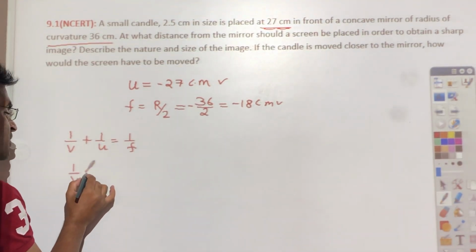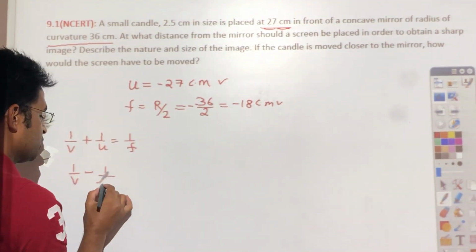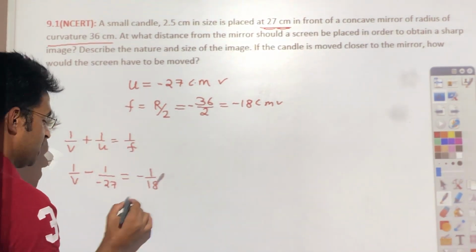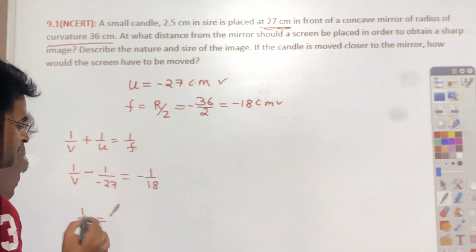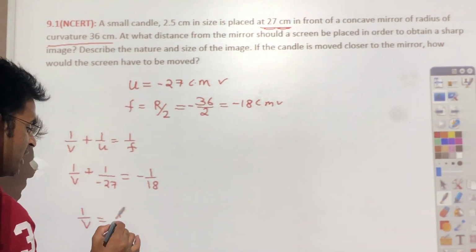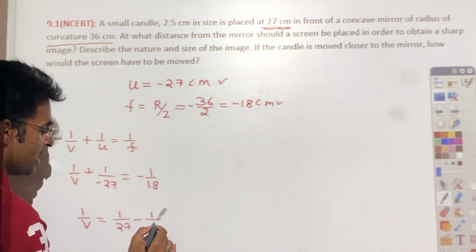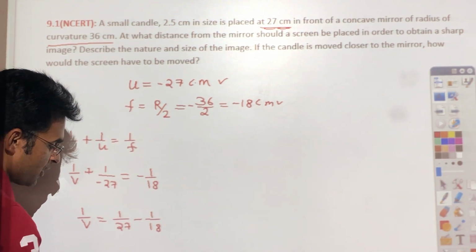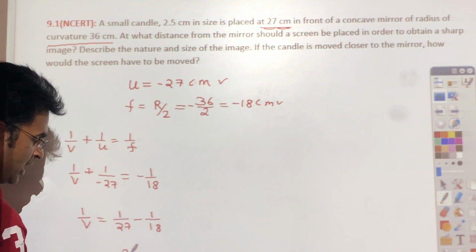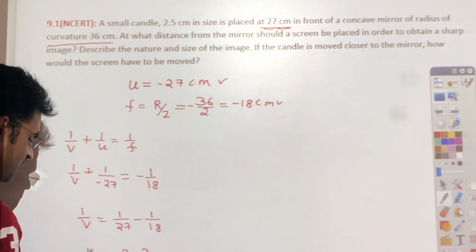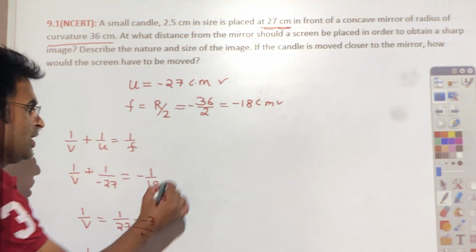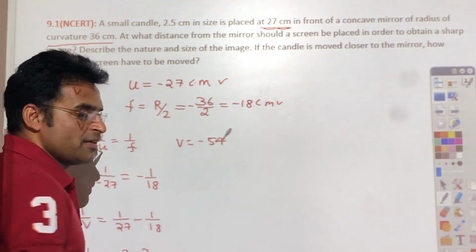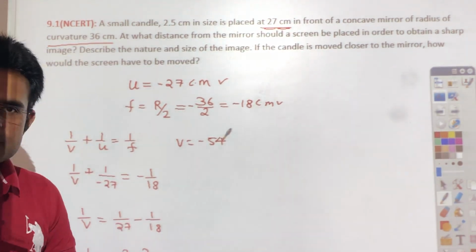So 1/v - 1/27 = -1/18, which gives 1/v = 1/27 - 1/18. The LCM of these two is 54, so we get 2 on one side and 3 on the other, and 1/v = -1/54. It means v = -54 centimeters.